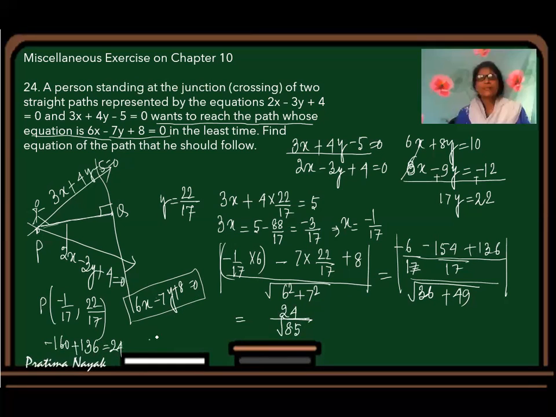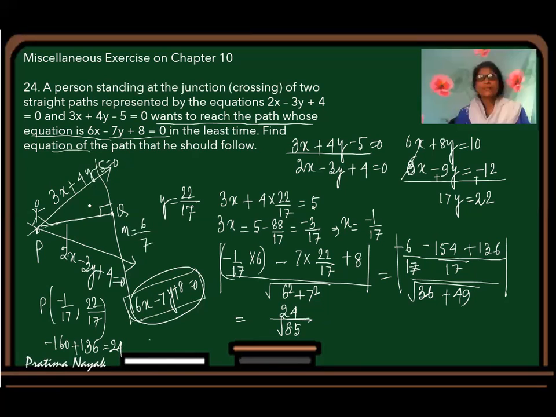Okay. Then you have to get the equation of this line. It is to find the equation of the path. You will get the slope of this line. What is the slope of this line? It will be m is 6 by 7.